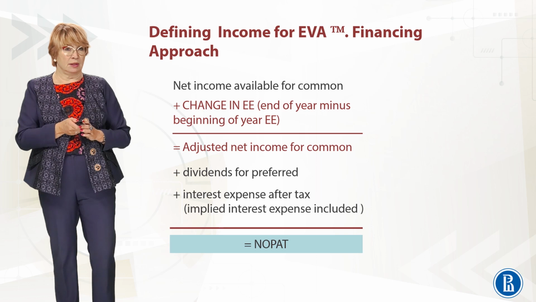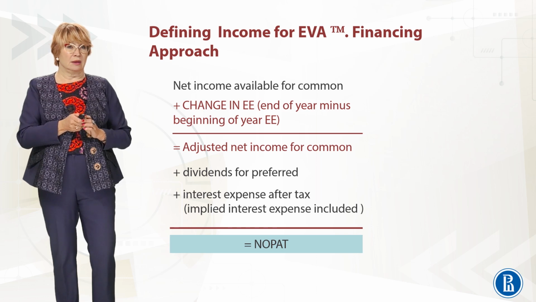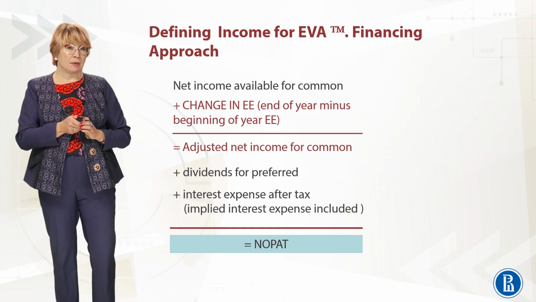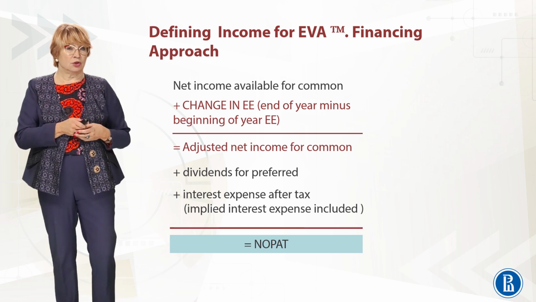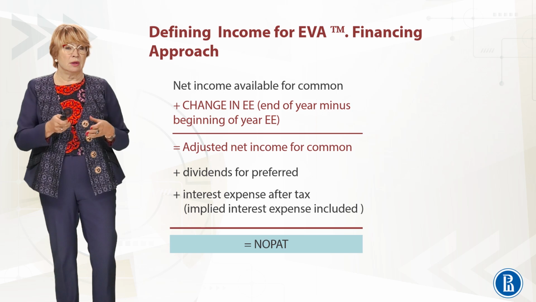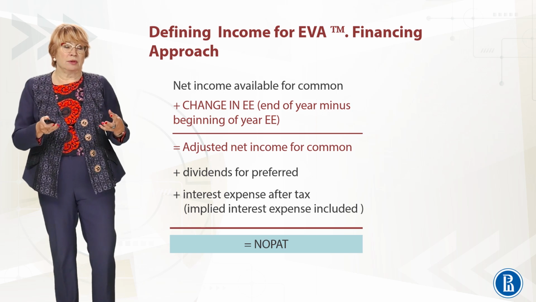You will start with the net income after tax available for the common shareholders. You will add the change in equity equivalents, and then you will arrive at your adjusted net income for common shareholders. You will add back dividends for preferred shares, because you are looking through the lens of voting shareholders on value creation perspectives, because they are voting.